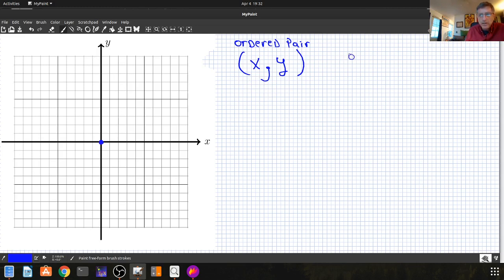Except our new objects in this world are no longer numbers, but points. And I'm going to highlight some points over here. Right now, of course, a point could be anywhere.